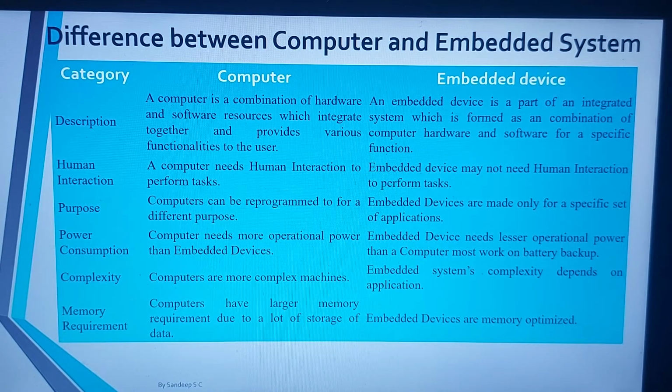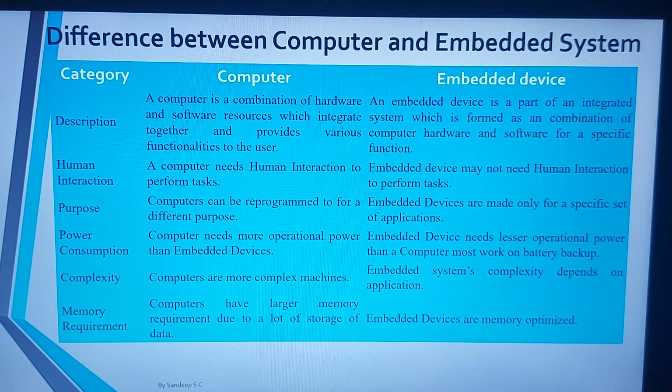Then, a computer can be reprogrammed for different purposes depending on what applications are to be developed on it. But embedded systems are designed for a specific application or a set of applications. We cannot reprogram one for an entirely different set of applications, which is not possible.